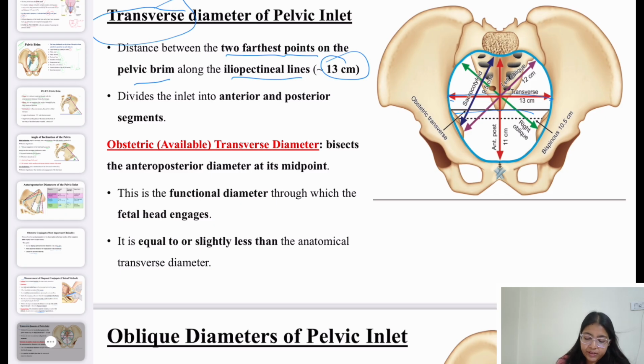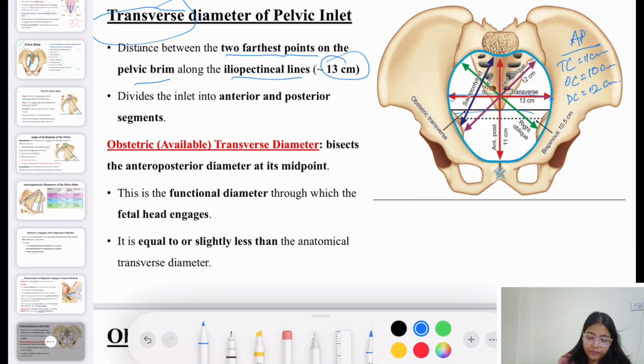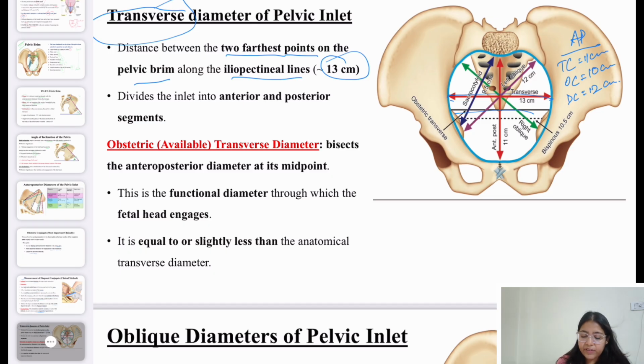So the AP diameters were true conjugate, which was 11 cm, obstetric conjugate, which was 10 cm, and diagonal conjugate, which was 12 cm. And now the transverse diameter is 13 cm, and it divides the pelvic inlet into anterior and posterior segments. You can see it.